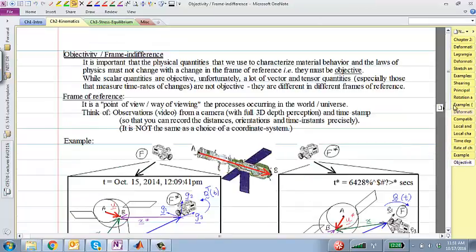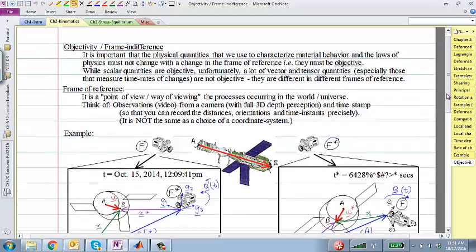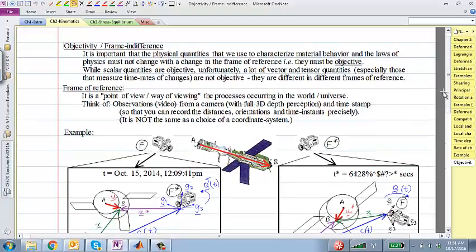So one last, very important topic in kinematics is called objectivity, or frame indifference. This topic is about the fact that when we conduct any physical experiment, there might be multiple different observers observing that experiment, and all these observers must record the same process.